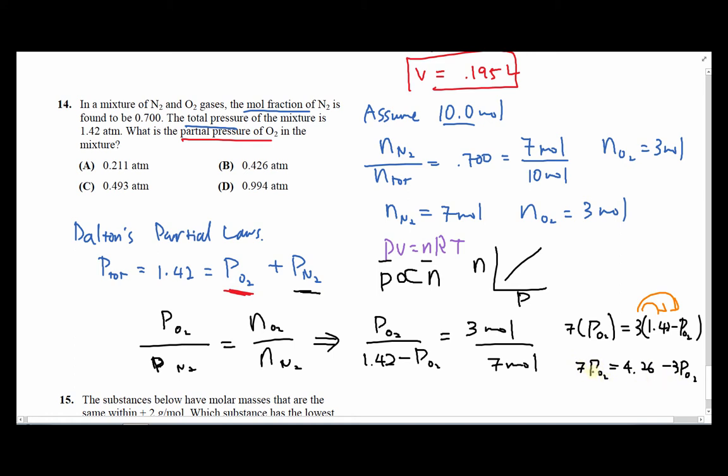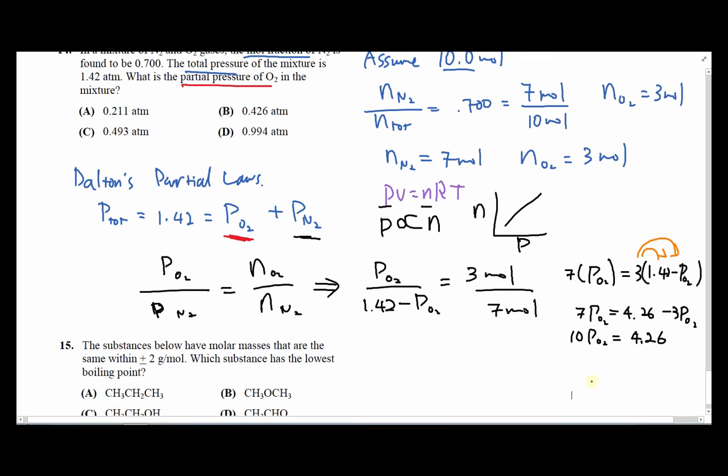You can add 3PO2 on both sides, then you get 10PO2 equals 4.26. So ultimately, just move the decimal point, and we get the partial pressure of oxygen to be 0.426 atm. That's our final answer, and here we have it nicely as B. So the answer is B.